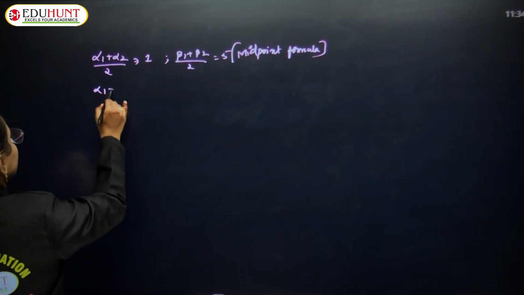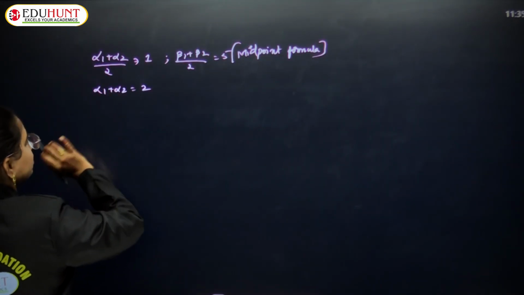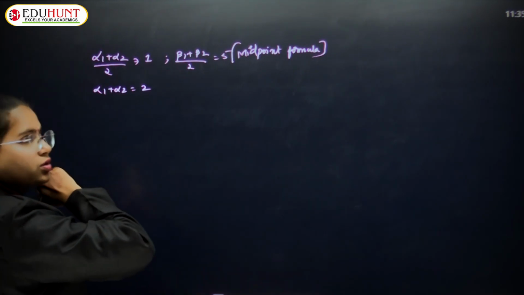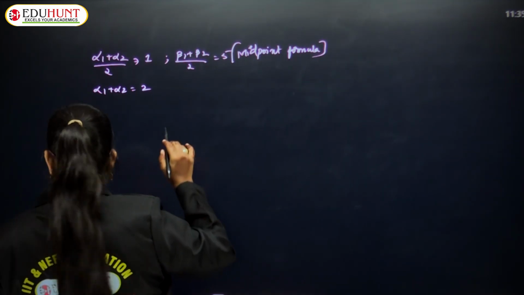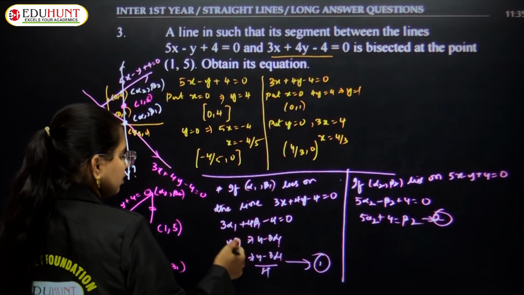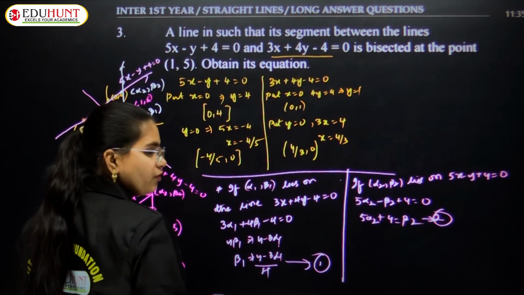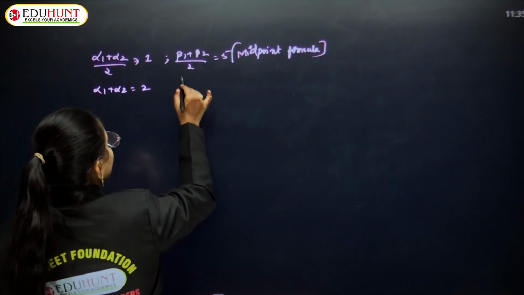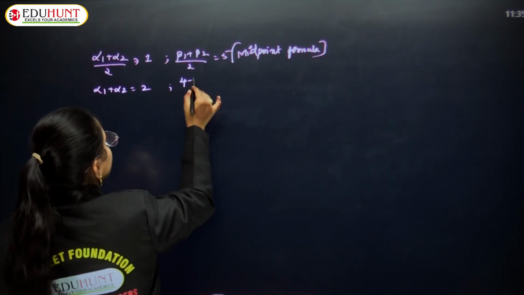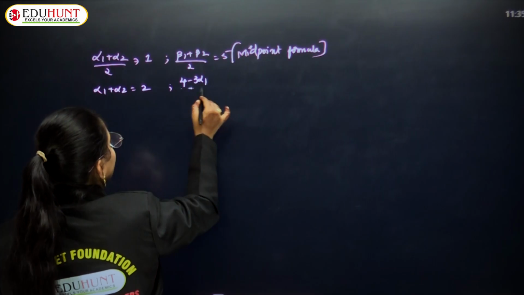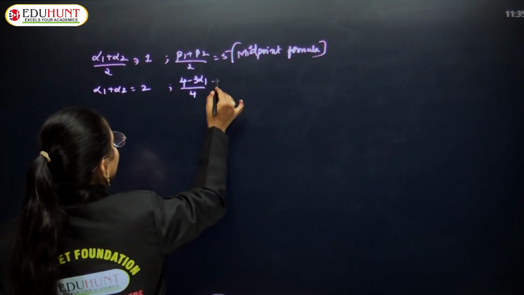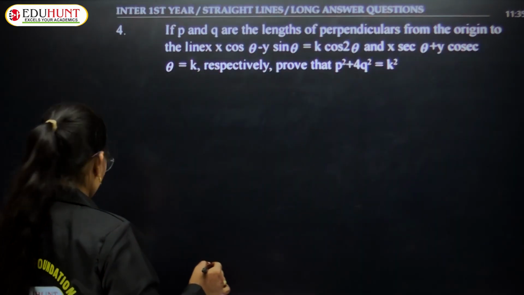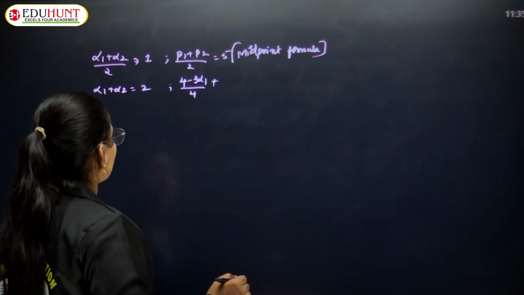So now we'll just equate the values. Alpha 1 plus alpha 2 is equal to 2. This is what we got as the first equation. Now what is the value of beta 1 from here? 4 minus 3 alpha 1 by 4. Let us substitute here. The value of beta 1 is (4 minus 3 alpha 1) by 4 plus, and the value of beta 2 is what?